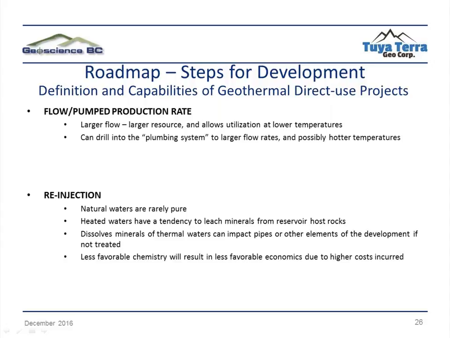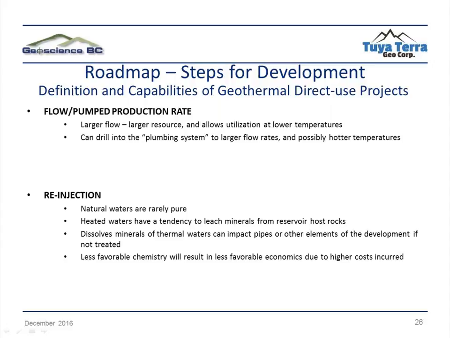Reinjection is not a problem from the point of view of pollution, for example, because essentially what you're bringing to the surface, you are putting back down into the subsurface. And natural waters, even though we think about rainwater as being very pure, by the time it has sat around in a geothermal system for a while, it has changed its chemistry significantly.